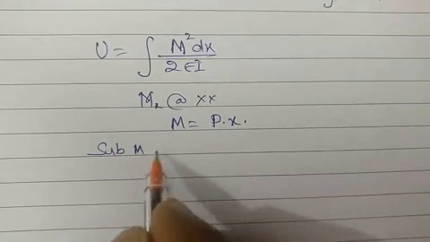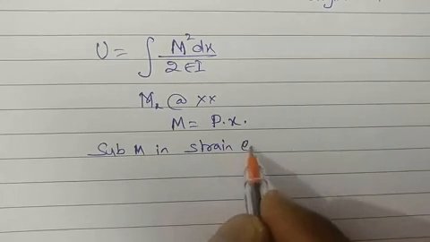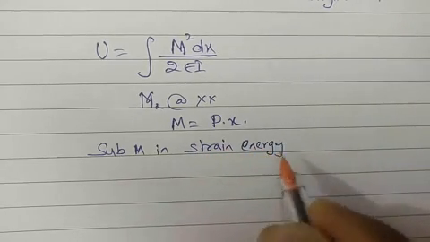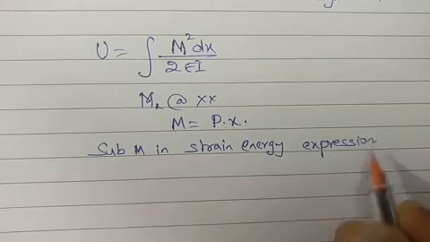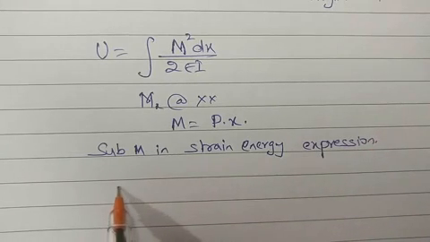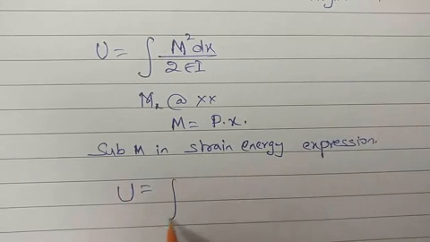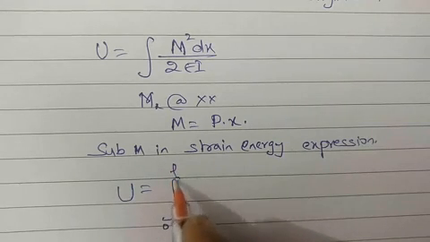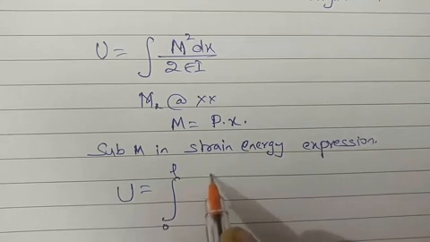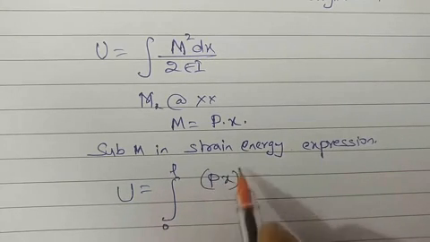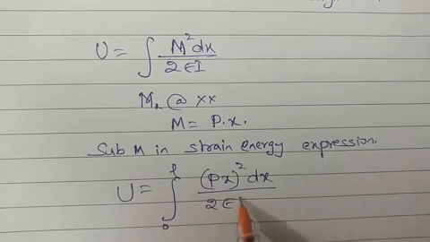Substituting M in strain energy expression, so you have U is equal to integral 0 to L, M is P x, whole square dx by 2EI.